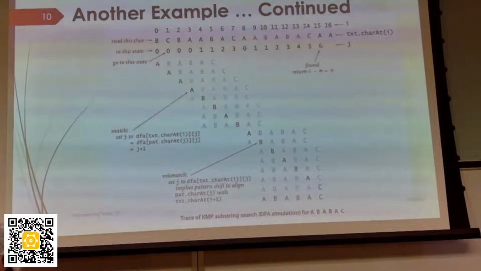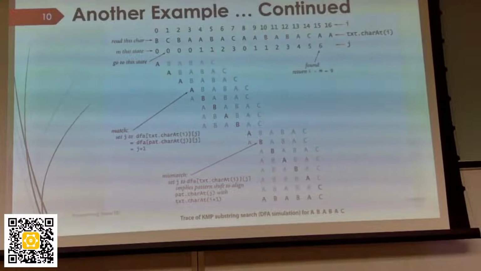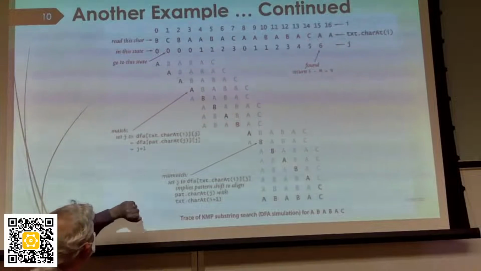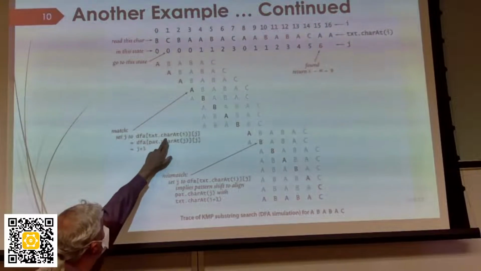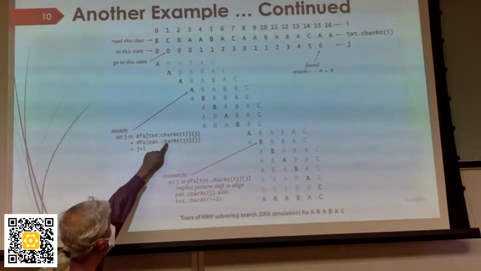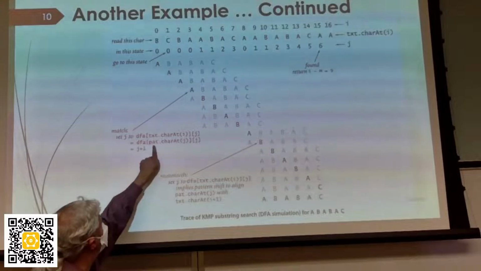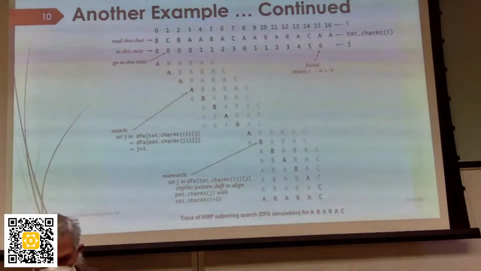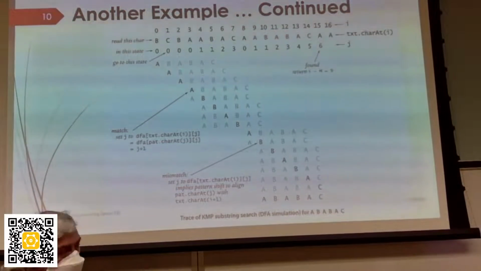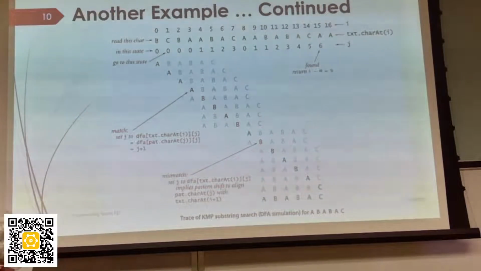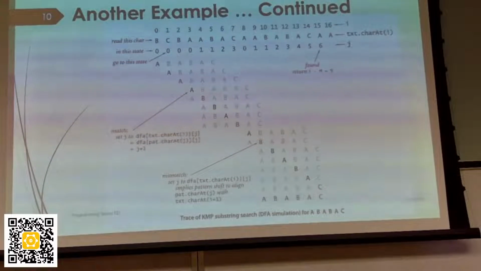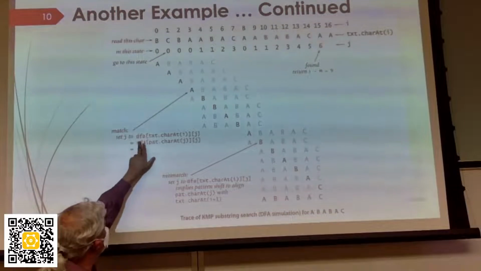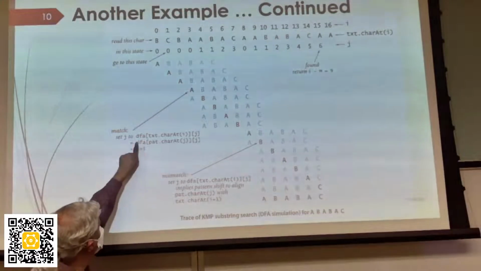Can we discuss that match and mismatch logic? That's referring to this table, right? Yes. This is saying the character at position I in the text and the character at position J in the pattern. It's checking those two and figuring out what to do. In order to figure out what to do, it has to change the state, and the state is given by the DFA.